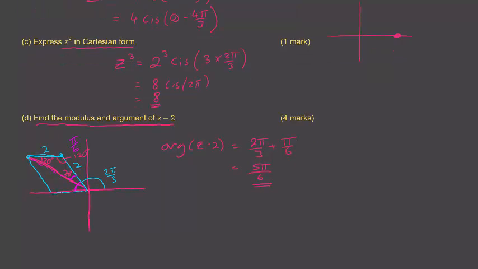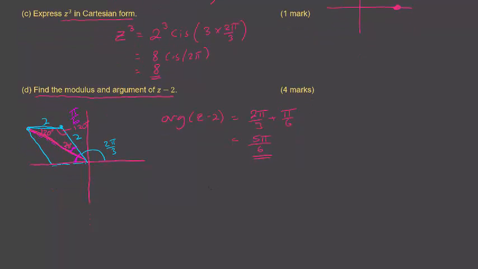And we could do that using the cosine rule. So let's just call this x. So x squared is going to be 2 squared plus 2 squared minus 2 times 2 times 2 times the cosine of 2 pi by 3, 120 degrees.